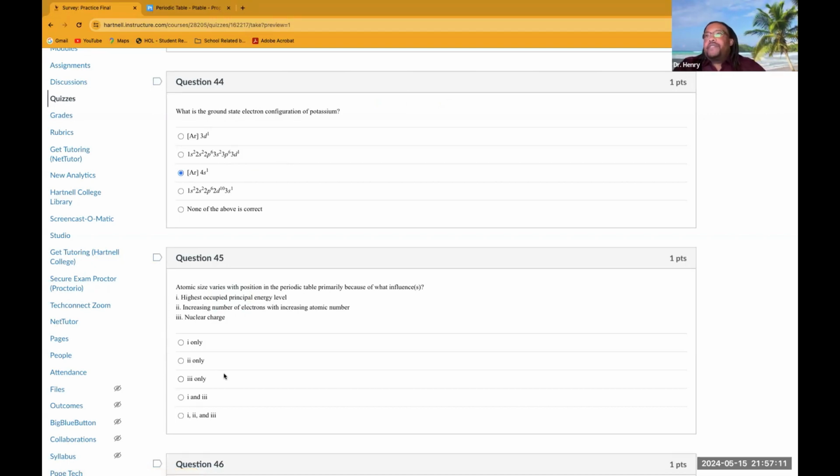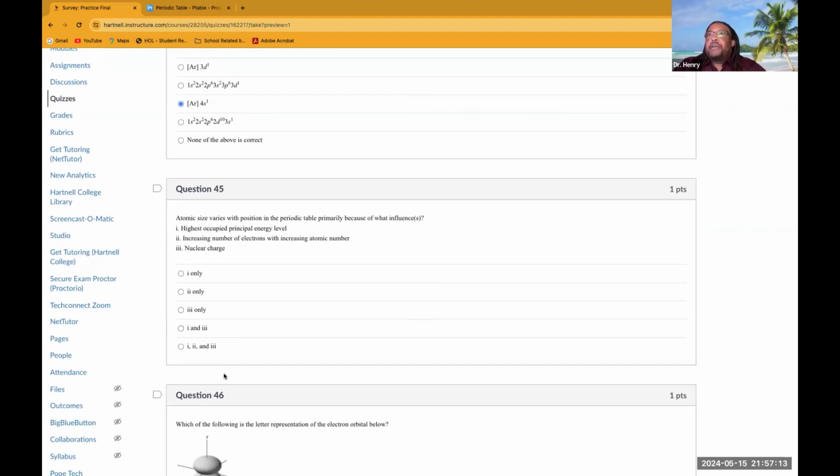Okay, number 45. The atomic size varies with the position in the periodic table primarily because of what influences? I, the highest occupied principal energy level. So in other words, our periods.